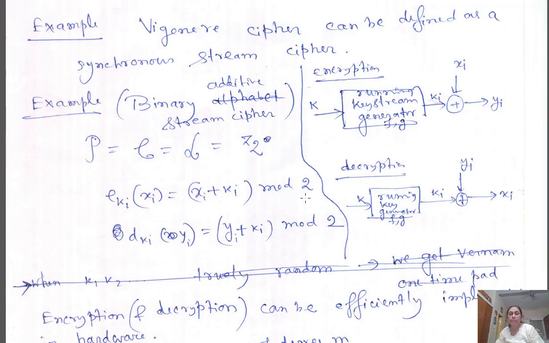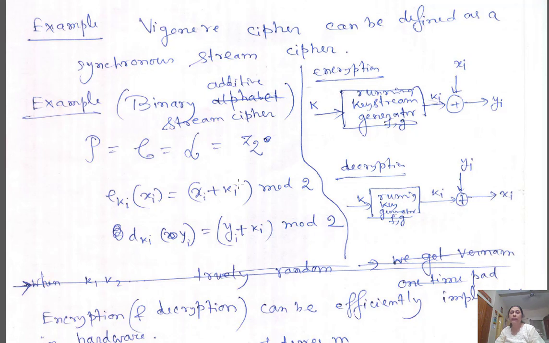Essentially, encryption is this: there is a key stream generator. I have taken key stream generator G together with a state function F. A stream cipher essentially has certain memory, so there is a state function also. The key passes through this key stream generator and it produces the key stream Ki. At the ith time unit it is Ki, and the corresponding Xi is XORed to produce Yi.